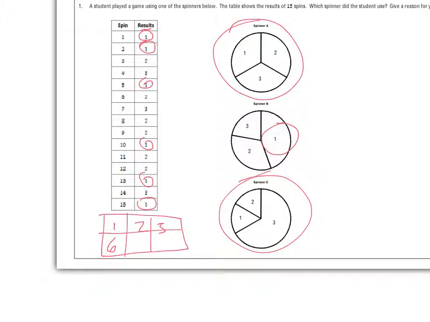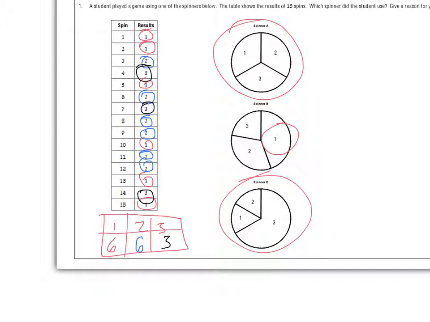And in terms of my twos, I have 1, 2, 3, 4, 5, 6 twos, and 1, 2, 3 threes. So I'm looking at this and I'm thinking about, well, which one of these makes the most sense?